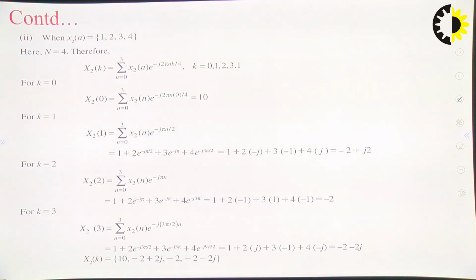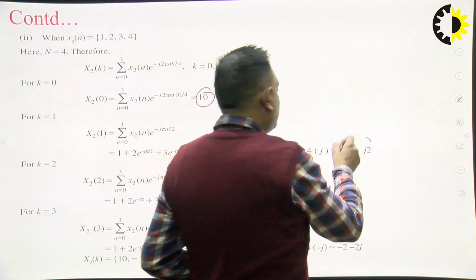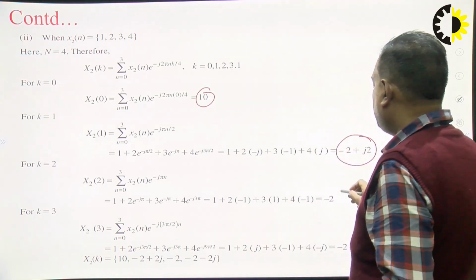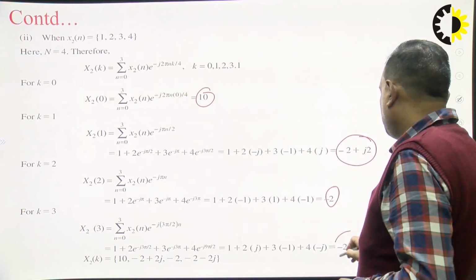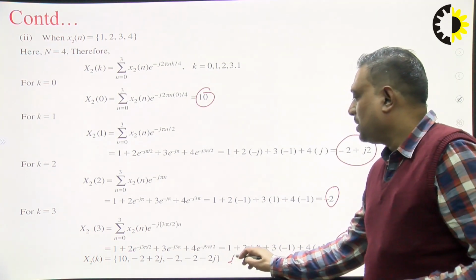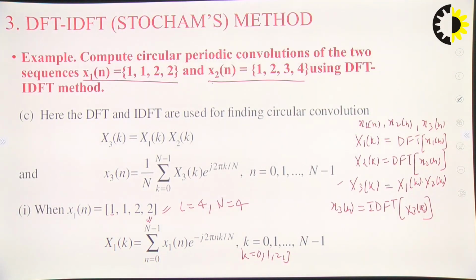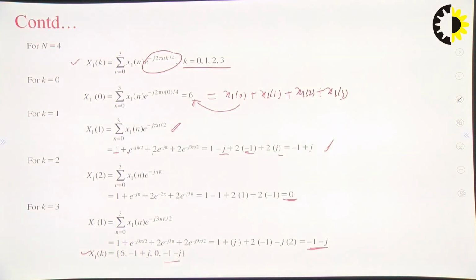And we have obtained the value of x20 as 10, x21 as minus 2 plus j2, x22 as minus 2 and x23 as minus 2 minus 2j. So you can write x2k as 10, minus 2 plus 2j, minus 2, minus 2 minus 2j. Okay. So this is how you will calculate x2k for the second sequence x2n equals 1, 2, 3, 4. Same procedure, only the values are different.